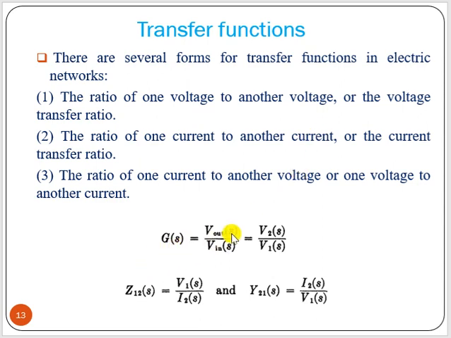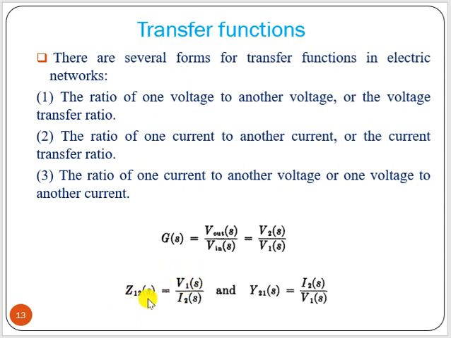So the transfer function can be either V out by V in, or V2(s) by V1(s). If we find V1(s) by I2(s), that is the input voltage and output current, it will be called transfer impedance Z12. 1 is for port 1, 2 is for port 2.